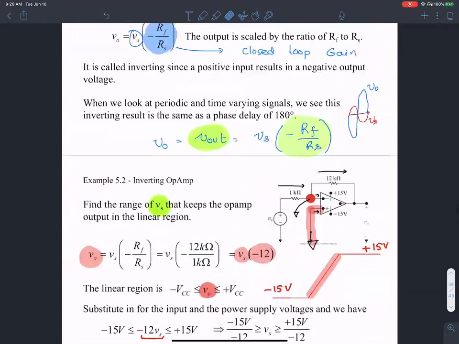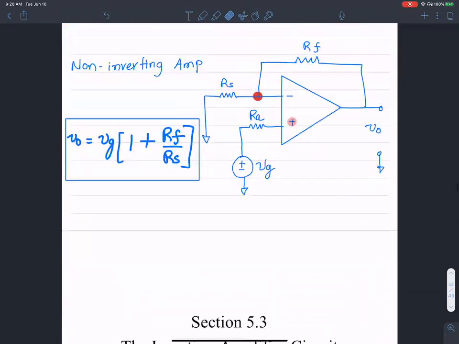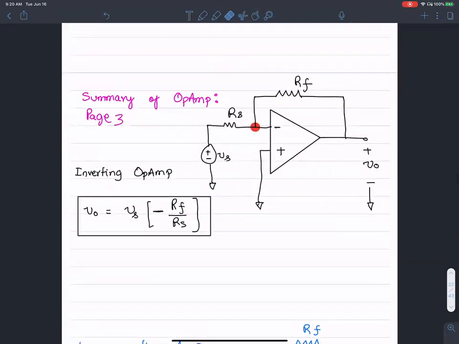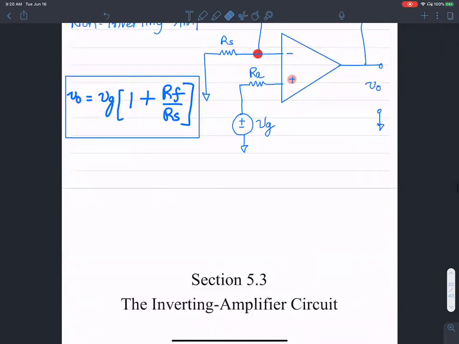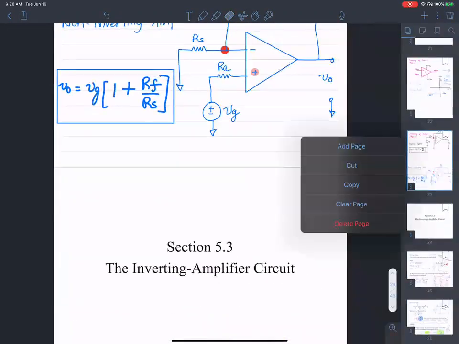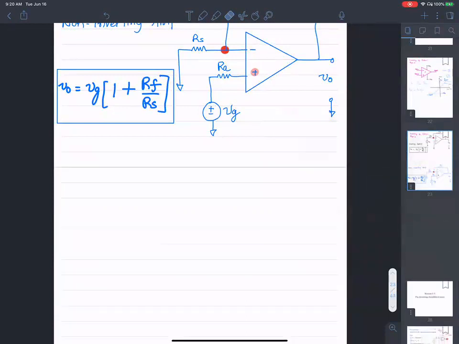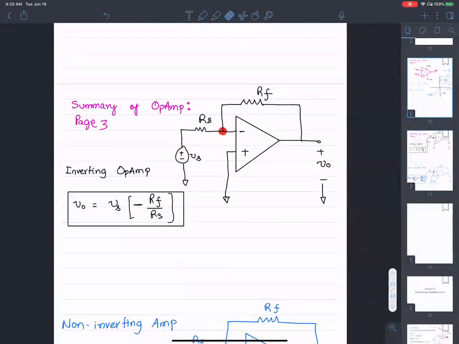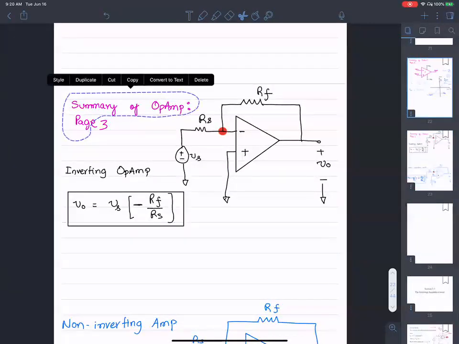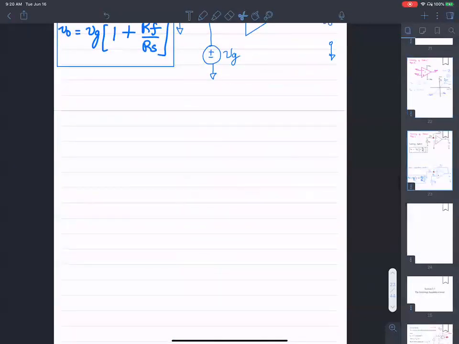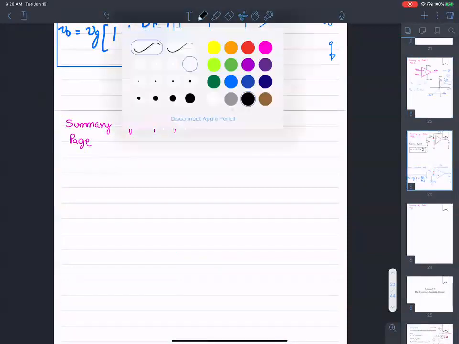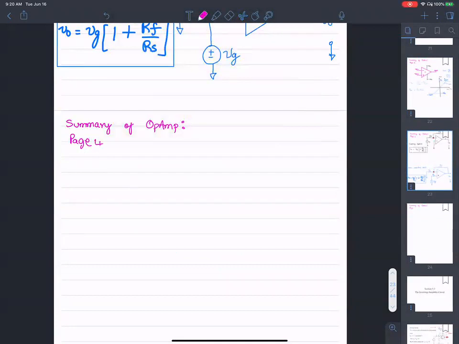Okay, let me quickly add a summary page here. This is the idea we have been following for op-amps. For this chapter on op-amps, I have been writing a summary page. Let me copy that, and paste it over here and call it page 4.